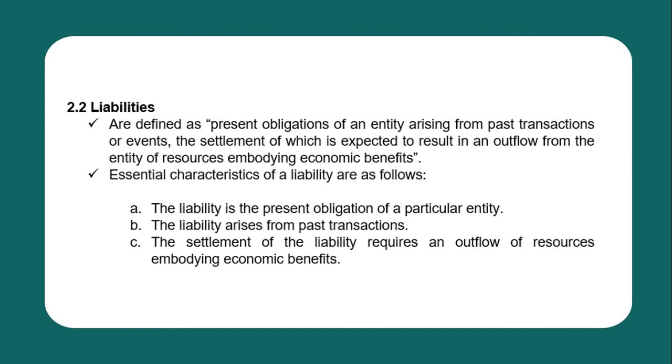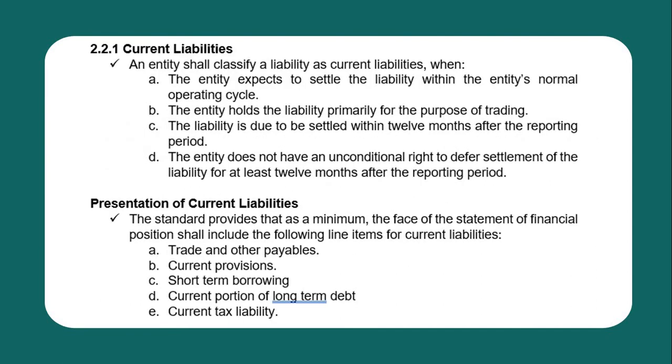Or an outflow of an asset for you to be able to settle the said obligation. So, that is a liability. So, liability is also classified into current and non-current liability.